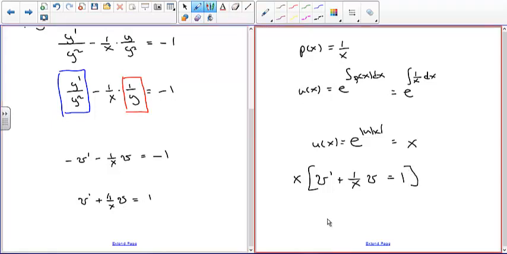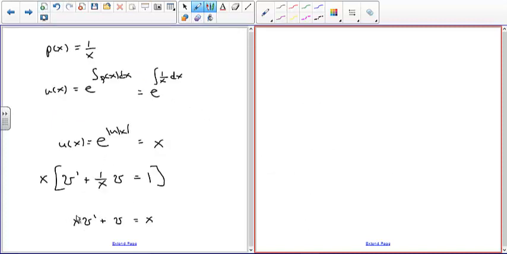So what happens is we get x times v prime plus just v is equal to x, because x times 1 over x is 1, and x times 1 is x. So does the derivative of this equal that? Yeah. Well, the derivative of x is 1, so it does work. So that is the proper integrating factor.